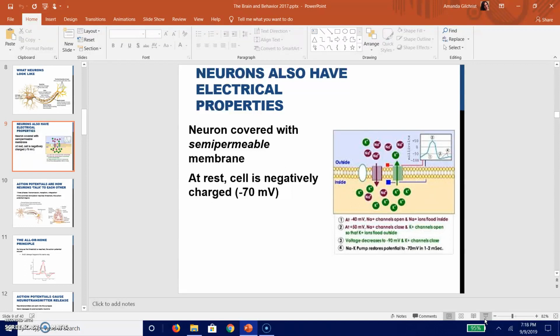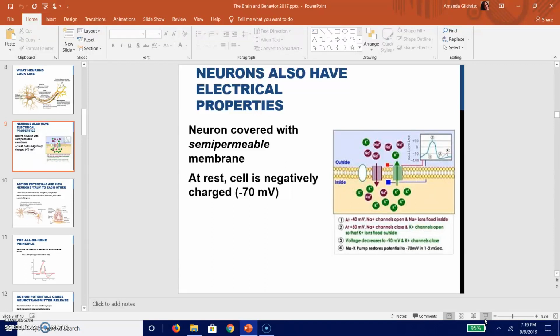And so one of the things that's interesting is that this neuron generally is not welcoming to sodium. Sodium cannot enter the neuron unless a certain electrical potential, a certain threshold, has been reached. Prior to that, sodium can't enter. And so there's a very delicate balance being held between the inside and the outside of the cell.